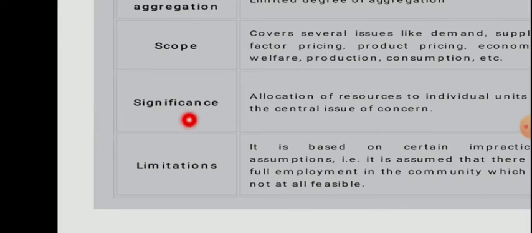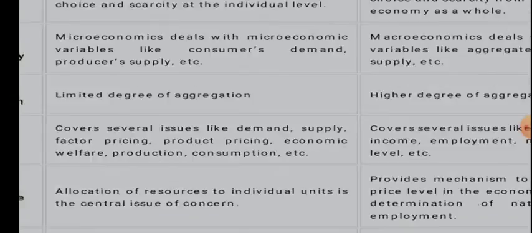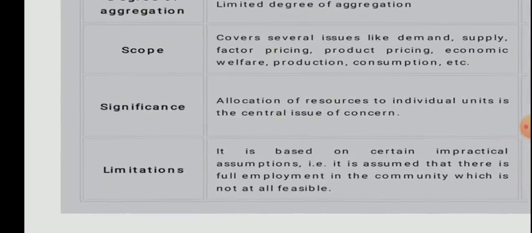Now the significance. In microeconomics, what is the significance? Allocation of resources to individual units is the central issue of concern. As I said, microeconomics deals with the individual level.